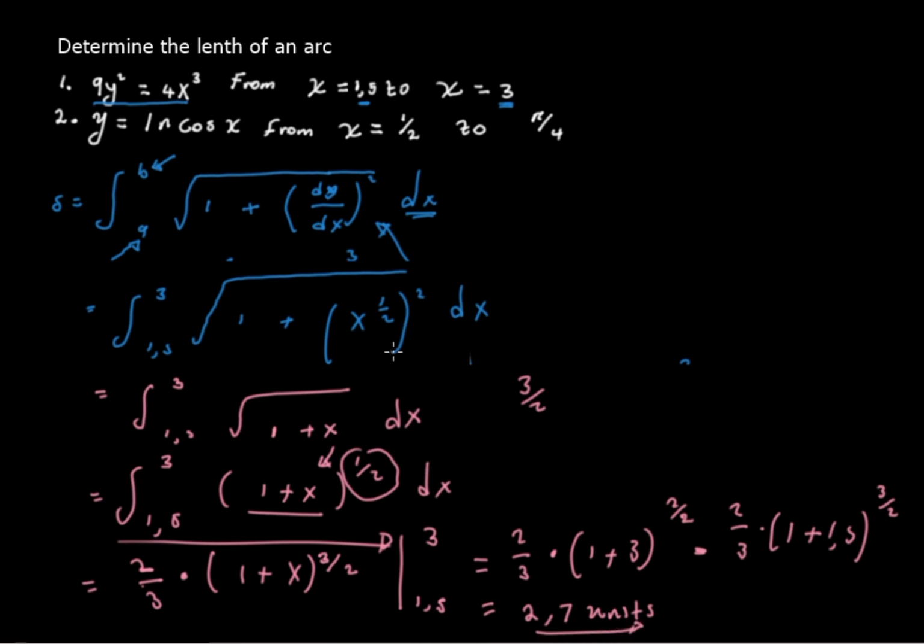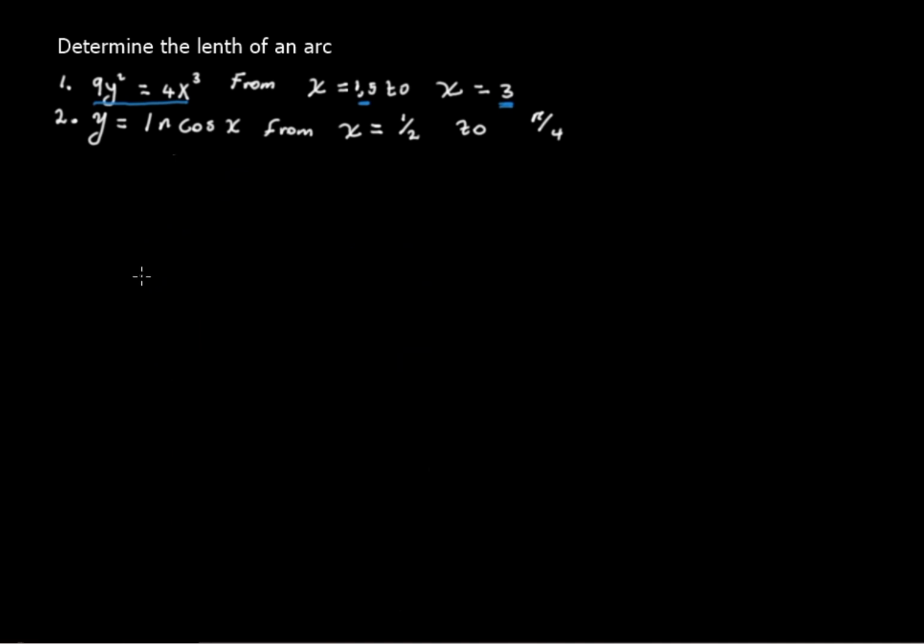Now let's do the second question. For the second question, we do the same thing we did on the first question. Let's first find the derivative of the function that we are given.